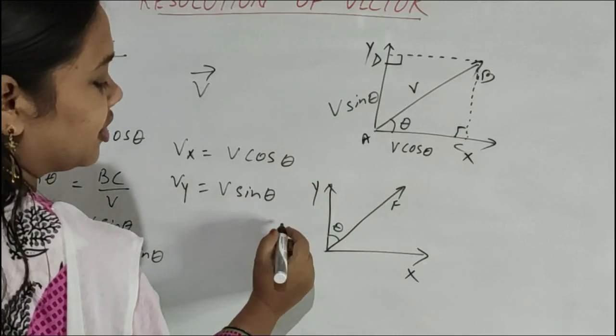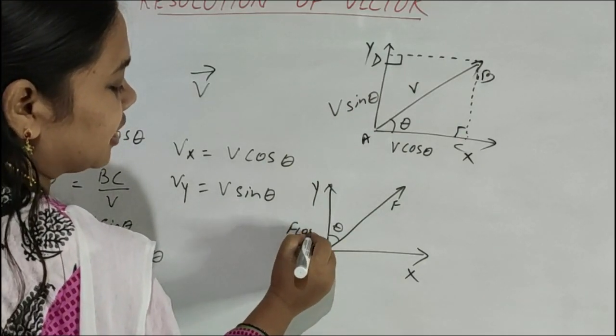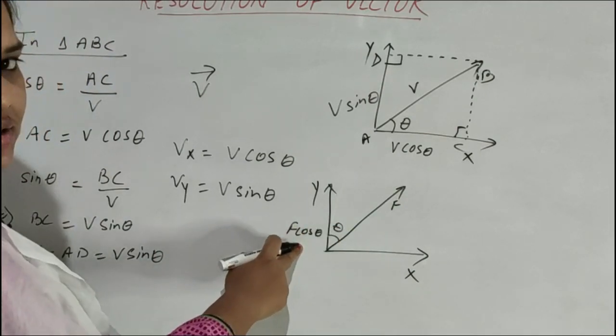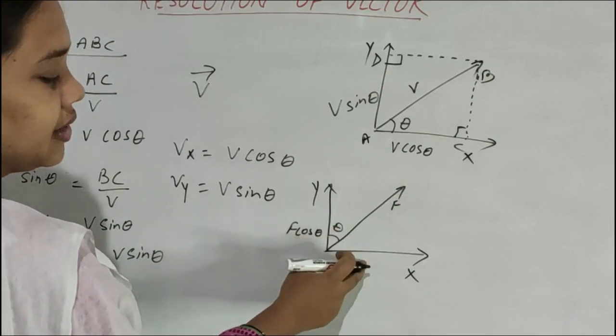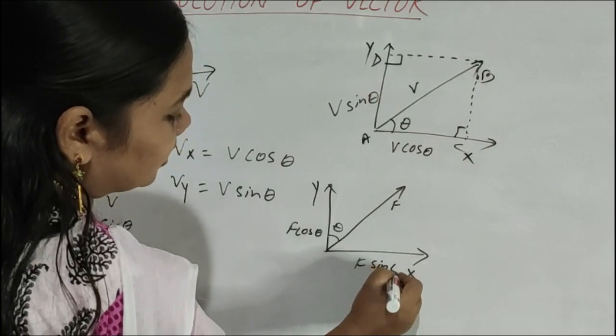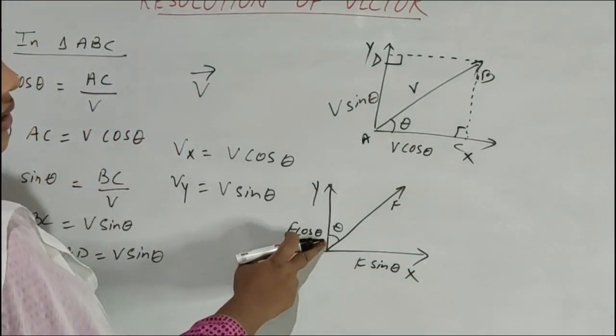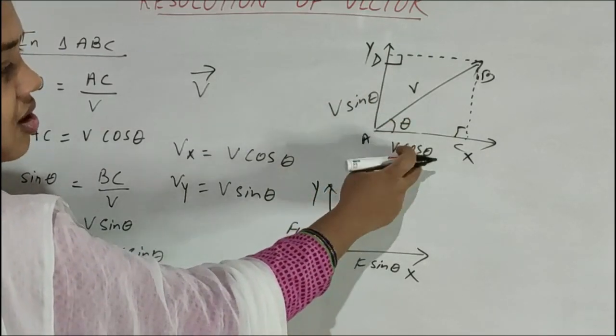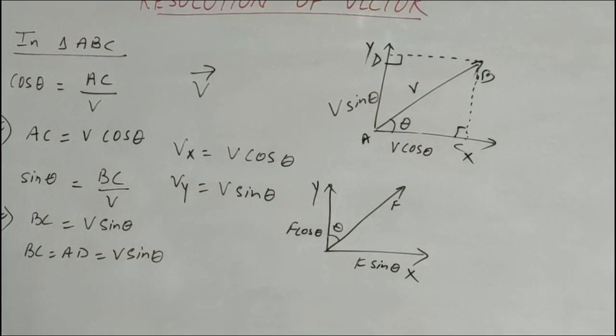Cos will be here: F cos theta. Which side theta will be there, that side only cos will be there. Its perpendicular side will be sine, F sin theta. Here theta is this side, so cos will come this side. Clear, children?